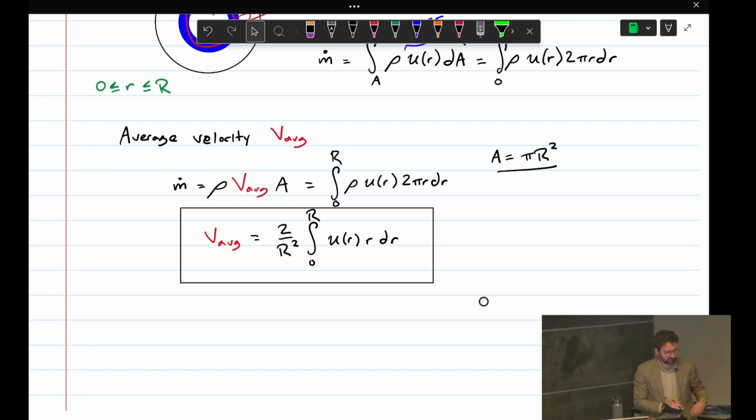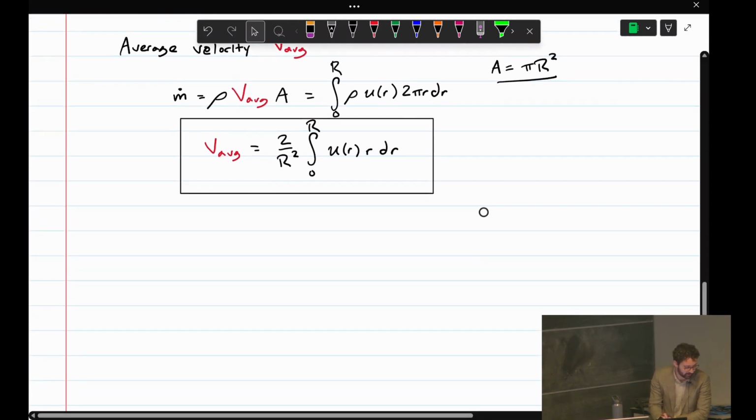In most cases, this isn't something we need to regularly do, because for the rest of basically internal flows, we're just going to talk about average velocities along pipes. Today, we're going to learn a lot about the details of these profiles and how we get average velocities and maybe what's different between a laminar and a turbulent pipe flow. But for the most part, this average velocity is what we're going to use in internal flows.